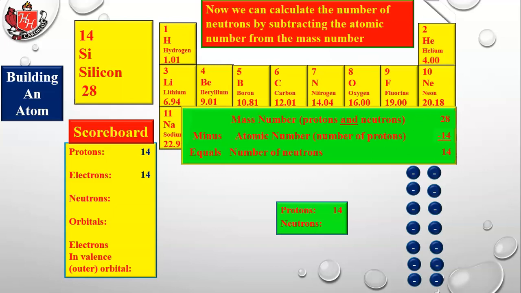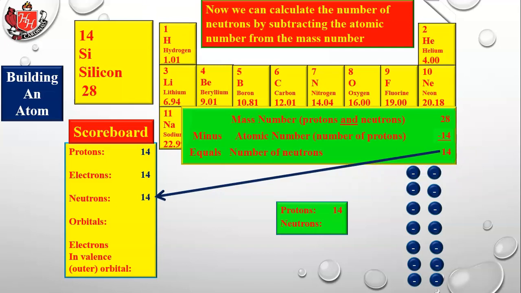You'll find in most of the elements at the top of the periodic table, the number of neutrons is within 1 of the number of protons, generally speaking, for the most common isotope. That gives the atom the greatest stability, to have about the same number of neutrons as protons. Okay, so now we can fill in our scoreboard.